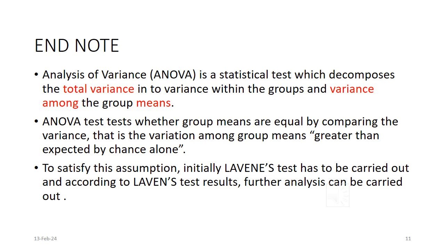This chance alone will be satisfied with the assumption; initially one has to run the Levene's test, and if the Levene's test results are significant, then only analysis of variance can be carried out. Otherwise, further analysis cannot be carried out. This is the most important, and the Levene's test is the criterion for further doing the analysis of variance.